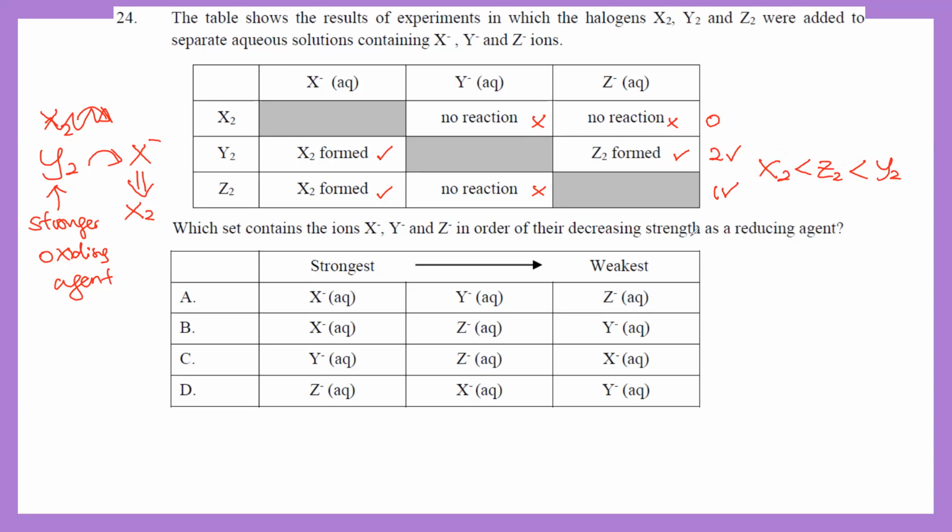But now we are looking at the decreasing strength as a reducing agent. In terms of reducing agent, Y minus is the weakest reducing agent, followed by Z minus, followed by X minus. So this is the order of reducing strength.